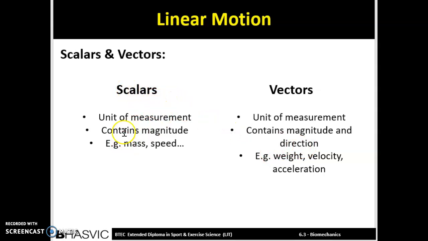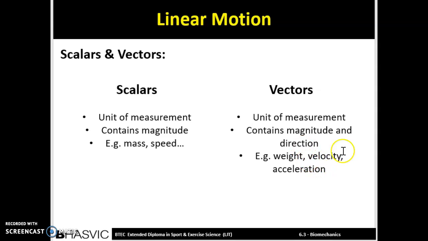So, for example, a scalar would be mass or speed, as it's not necessarily relevant to a point or direction of speed. However, a vector looks at weight, velocity, and acceleration, for example. They're just a few.